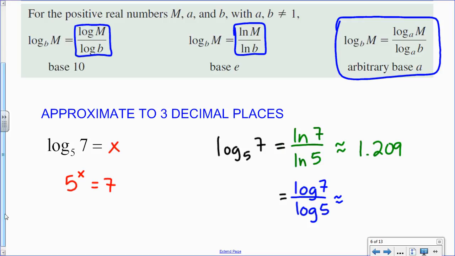And you should get the exact same thing. So it does not matter which one you use. I tend to use natural log, and the only reason is because I like writing LN better than LOG. That's the only reason. So it's a letter shorter. It doesn't matter though. You can use either one.